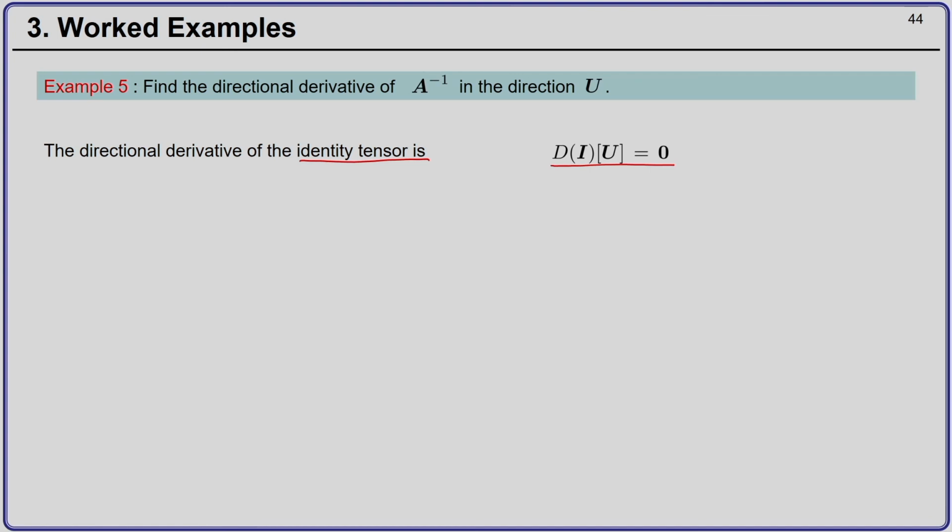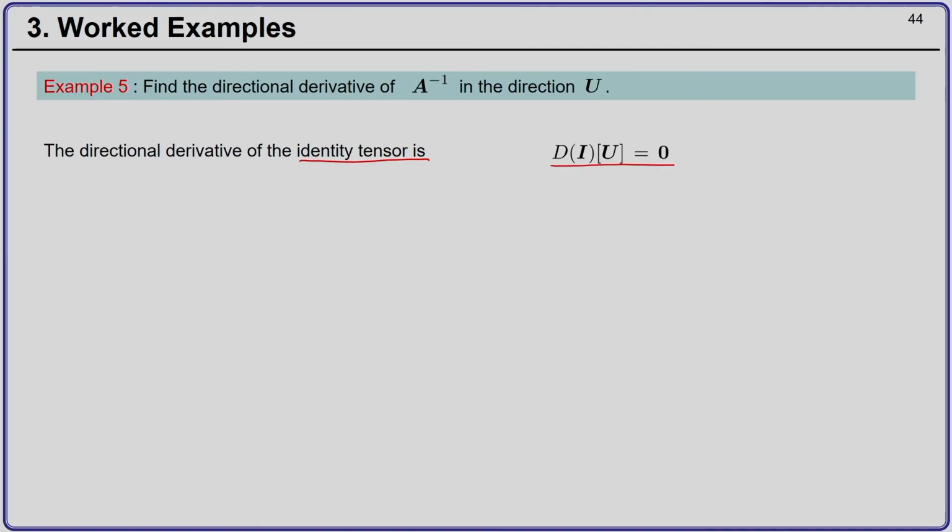It will not change if you increment the tensor A by u; nothing is going to happen for I. So, therefore, on the right hand side, we get 0.